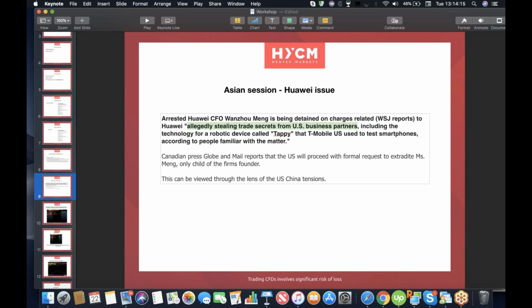So it's no coincidence that Huawei's Meng was detained on these charges, because it's part of that bigger US-China tension. That had a big impact on the markets in the Asian session, because the markets are realizing this isn't just about a business partner being detained, as newsworthy as it is. This is an expression of the US-China trade war and some of the tensions that are going on there.